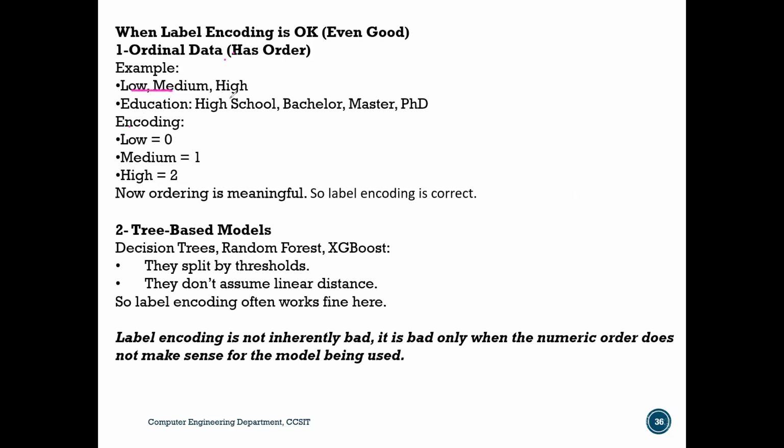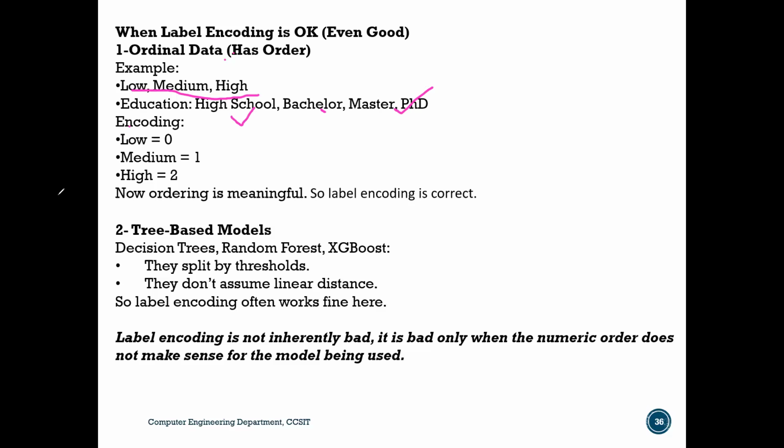I have low, medium, high, suppose we are asking about customer satisfaction. Then in that case we can use label encoding. If I'm using something like education, high school, bachelor or master degree, like some survey, then we can also use label encoding here, because the data set is in order. So for order we can do label encoding, there is no issue in that.